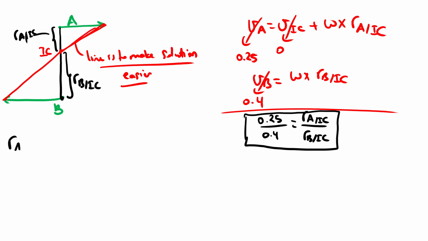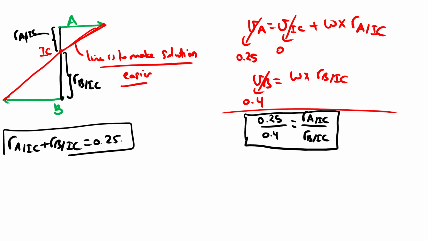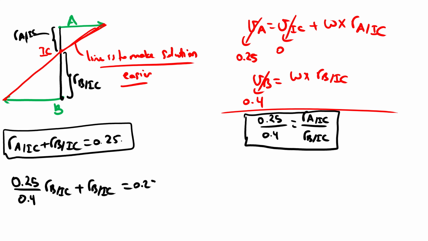So RA with respect to IC plus RB with respect to IC is 0.25. This is the second equation. And then I can write A in terms of B and replace it here. So that will be 0.25 by 0.4 times RBIC plus RBIC equals 0.25.